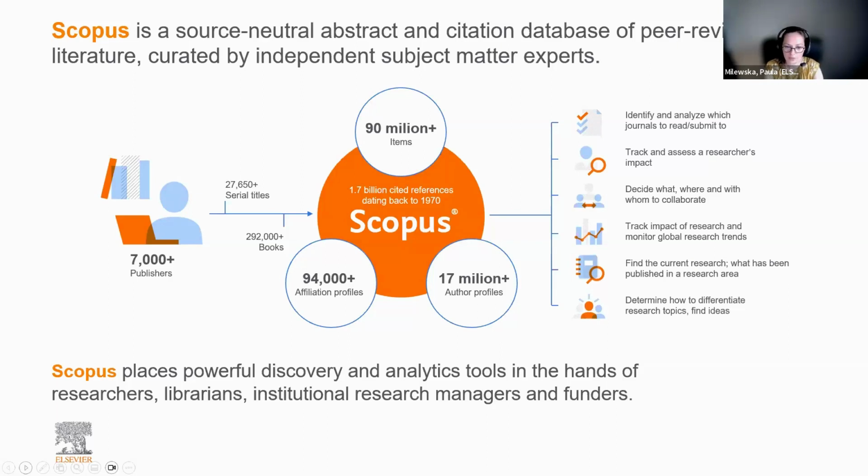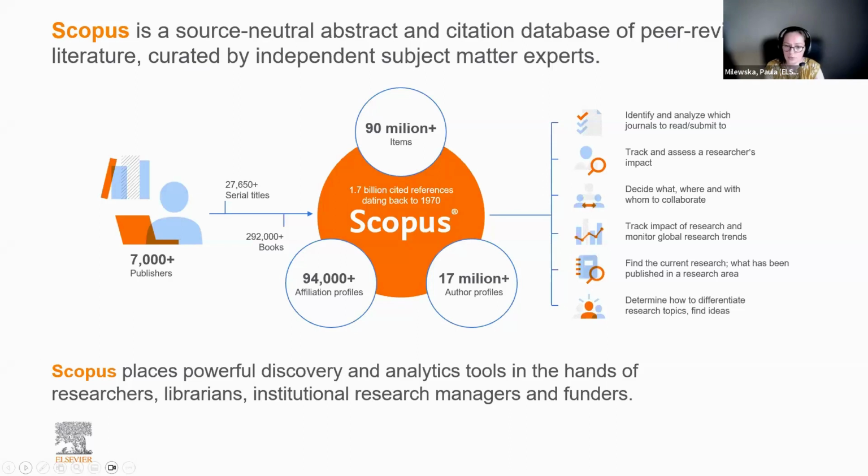But in Scopus, you will find information about more than 90 million documents coming from 7,000 publishers. Because the aim of this database is to show you the wide scope of scholarly publishing globally.